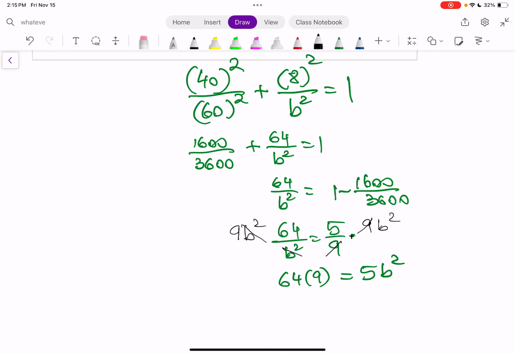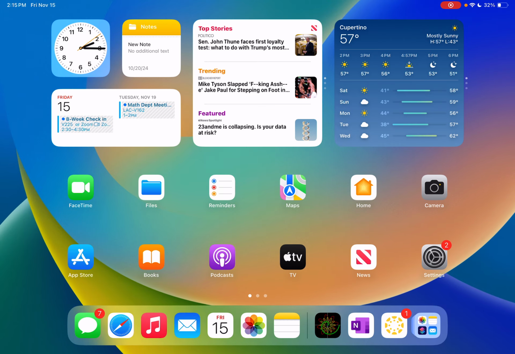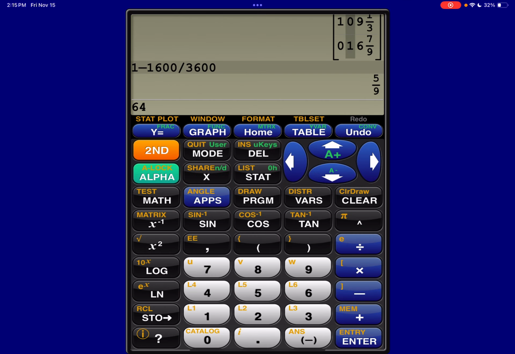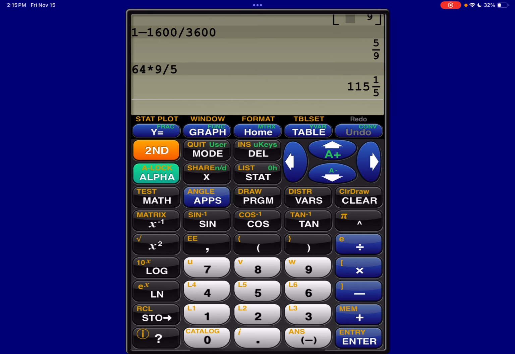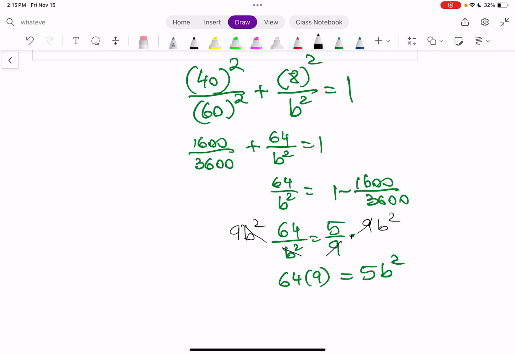So there you have it. So let's see, 64 times 9 and then divided by 5, I'll save some time, is 115.2 for b squared. Of course, I'm also dividing by 5 on both sides.